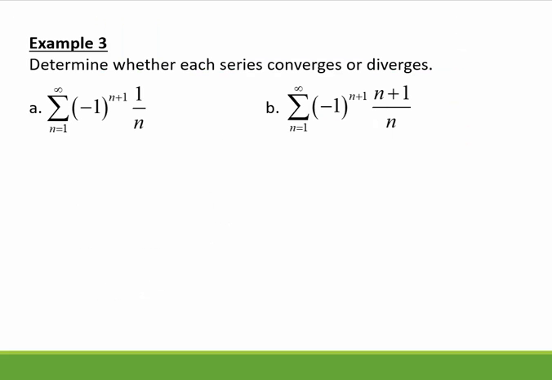Determine whether or not the series converges or diverges. For the first one, first lay out a few values showing that it is alternating and that the values are getting smaller. If I plug in 1, I get a positive 1. If I plug in 2, we have a negative 1/2.